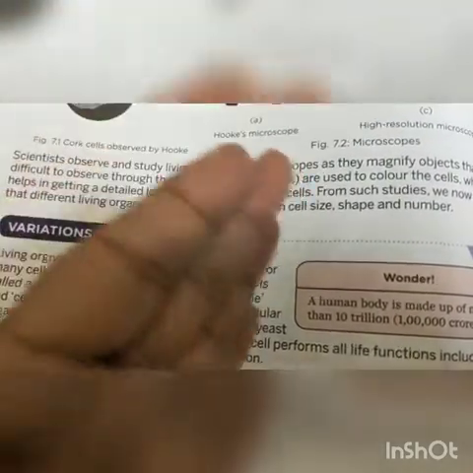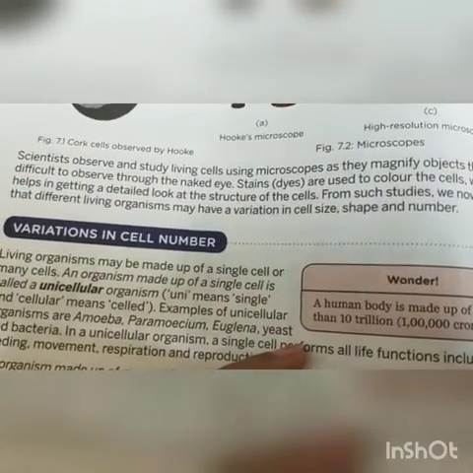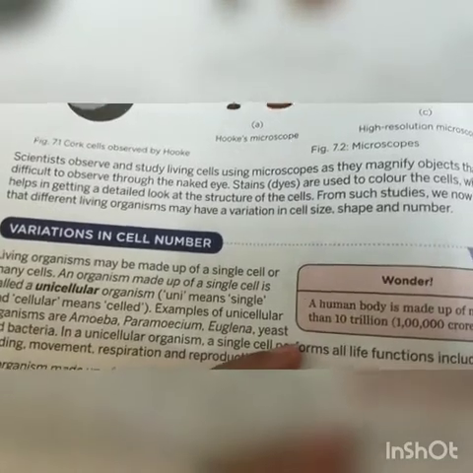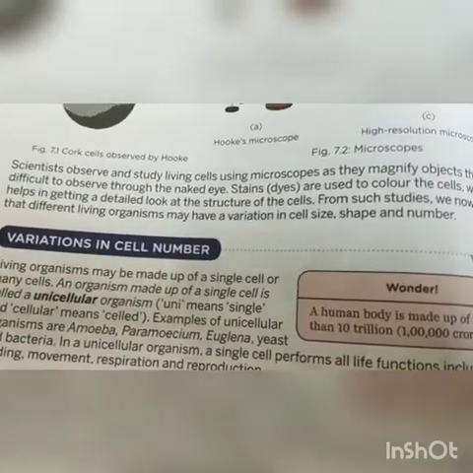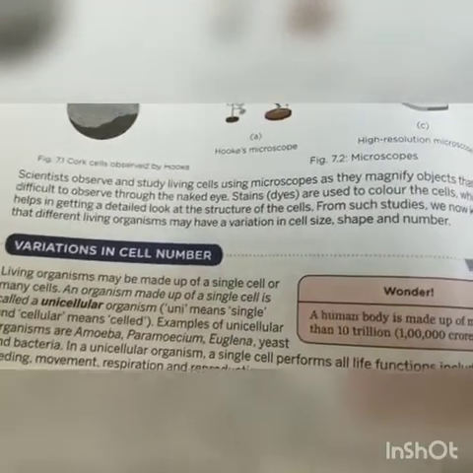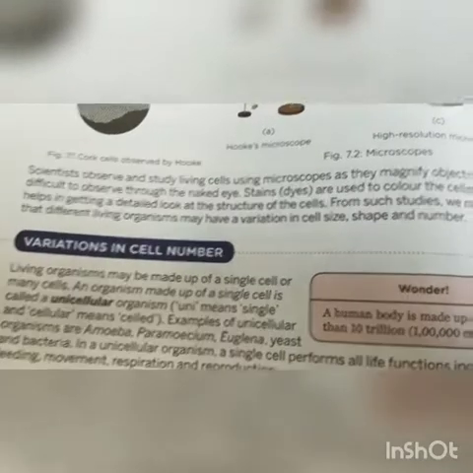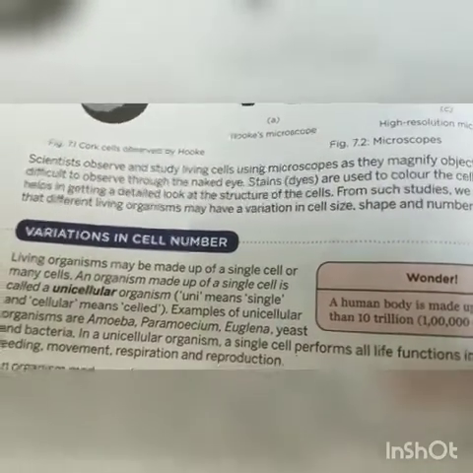Variation means difference. Not all cells are similar in size, shape, and number. Their numbers are different, their sizes are different, and their shapes are also different. So cells of different numbers, shapes, and sizes are present in different organisms.